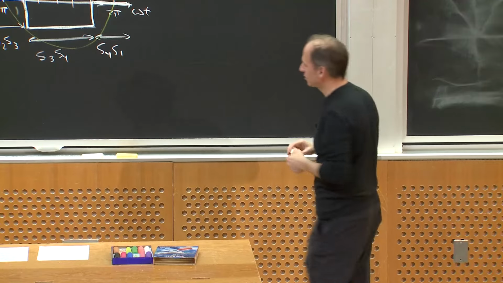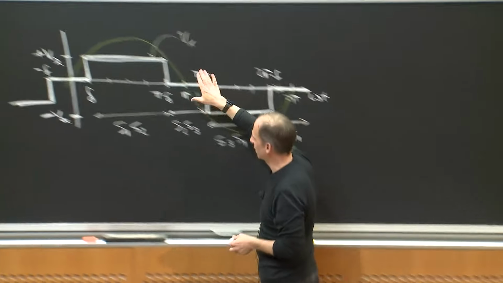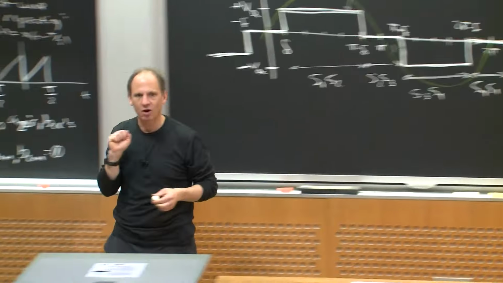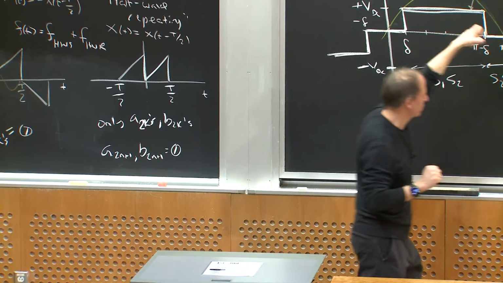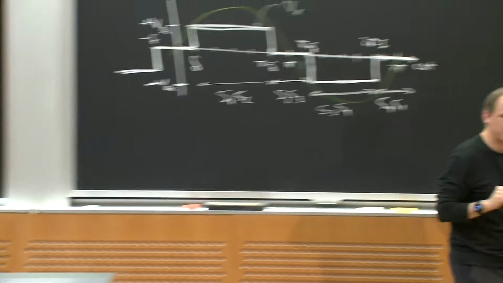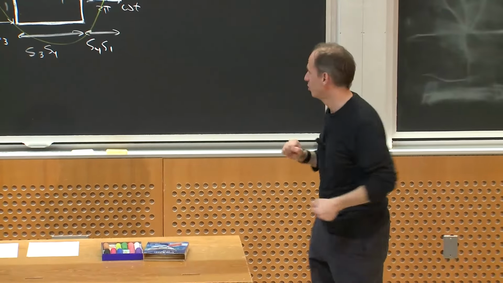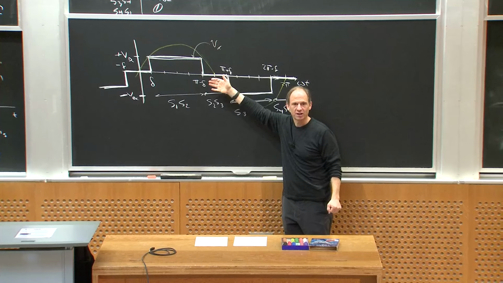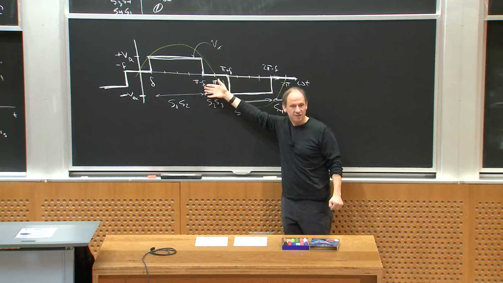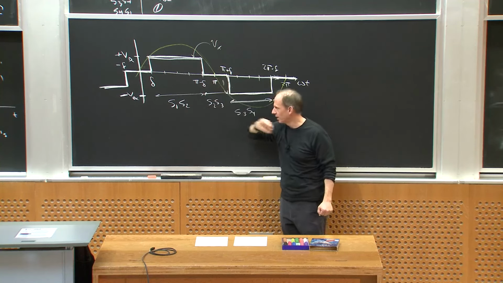So what that means is that this white waveform that I've synthesized has no even harmonics, right? So if I did a Fourier decomposition on this white waveform, what I know is it has no DC, it has no cosine terms, and it has no even harmonics. So the lowest harmonic component can only be the third, and then the fifth and the seventh and so forth, okay?